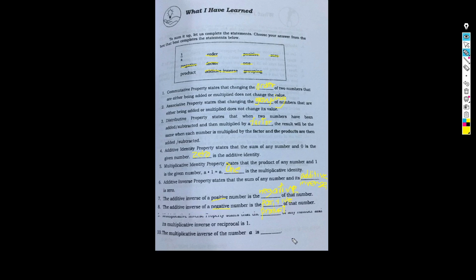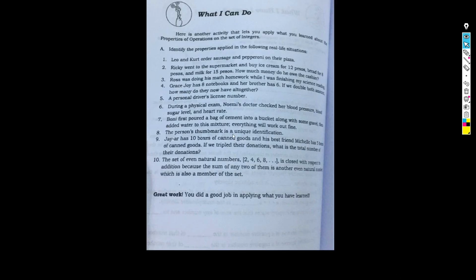Next, the multiplicative inverse of the number a is 1 over a, the reciprocal. Alright, very good. I'm going to erase this one and move to the next page. I think this is the last page.